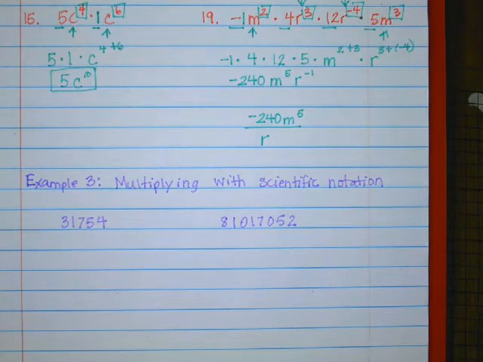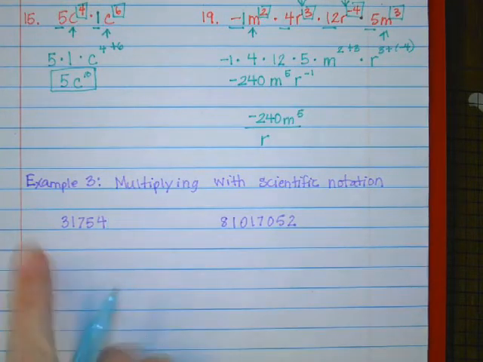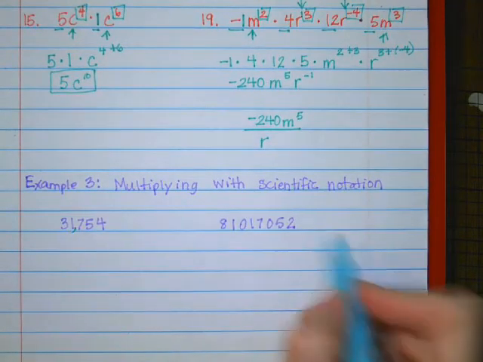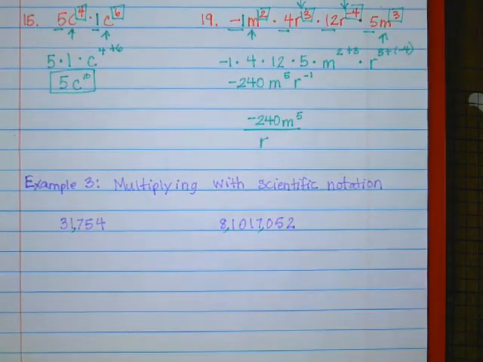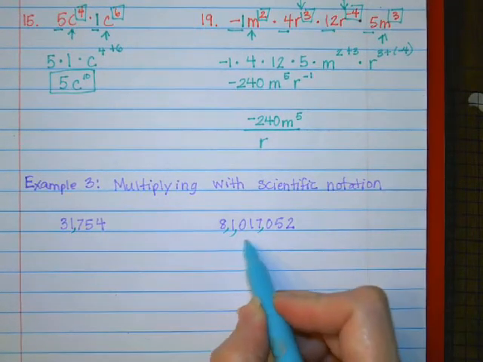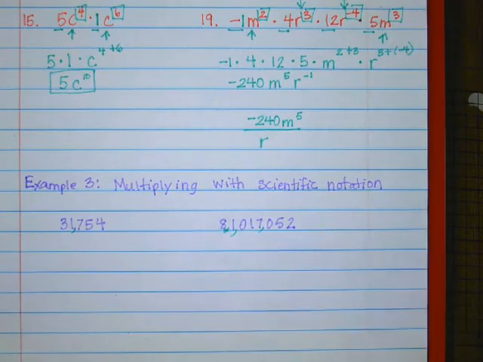We're going to start first of all, if we see this number 31,754, and we see this number of 81,017,052, we're going to talk about taking and writing these numbers in scientific notation. Well, currently you do not see a decimal in these numbers, which is A-okay, but sometimes you need to have decimals.